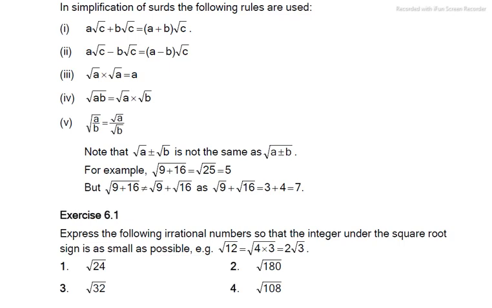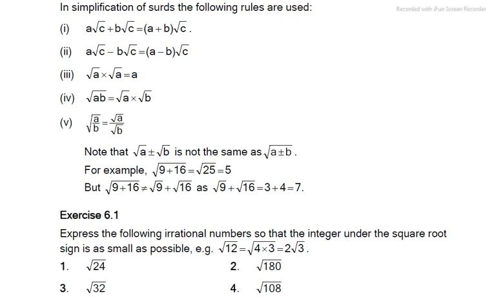of the roots, that is a plus b times root c. Similarly, this is the same as taking out the common factor. So in this, the common factor is root c.